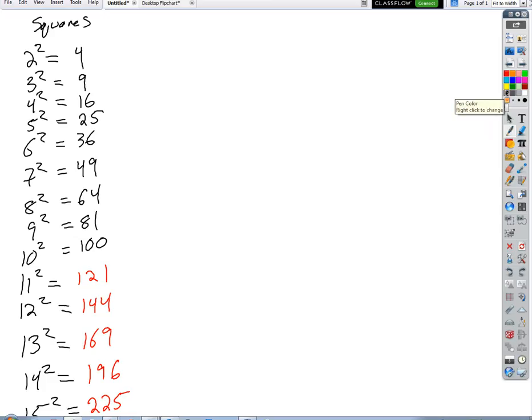Okay, let's look at the cubes. Now we won't do such a big list of cubes because they grow pretty quickly. We'll just go up through 10.